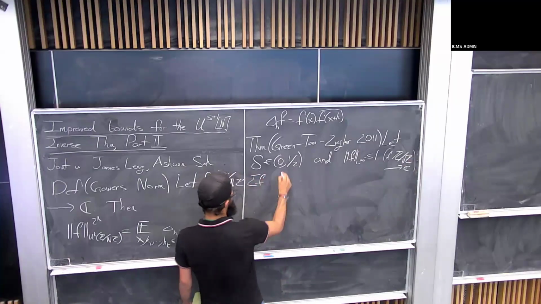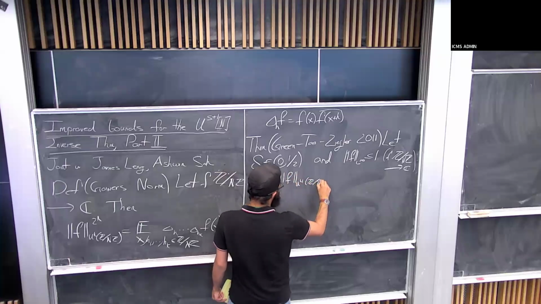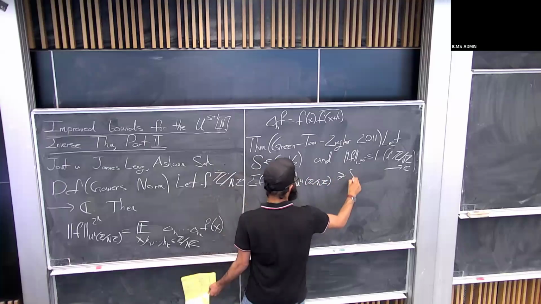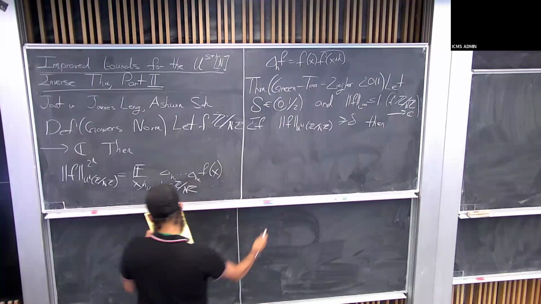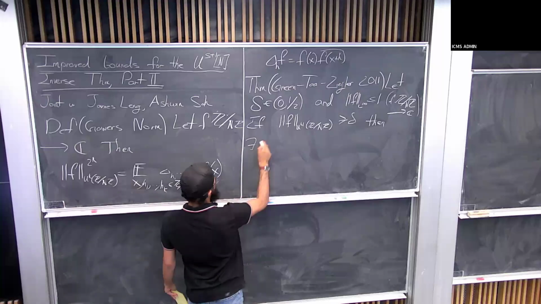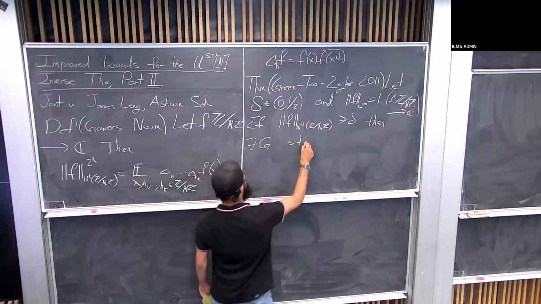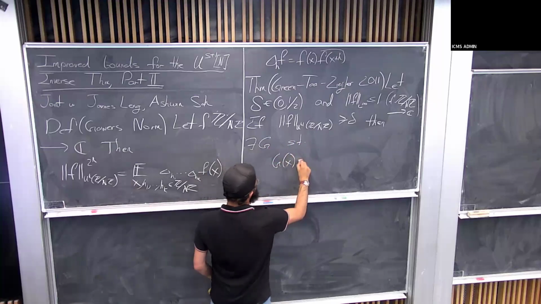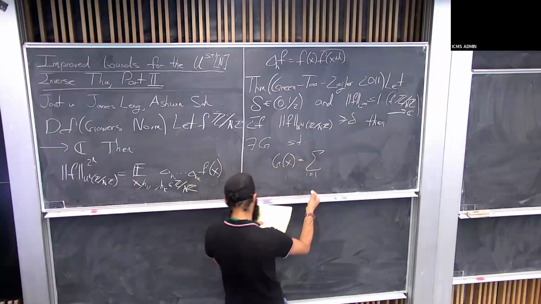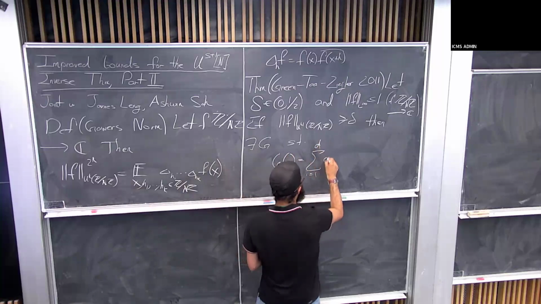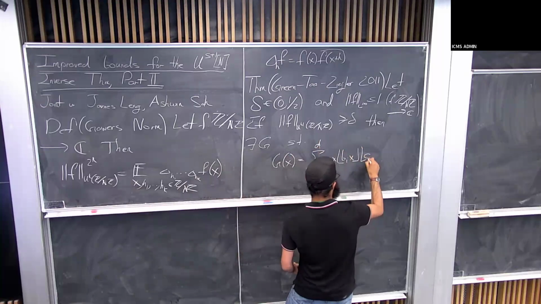So if the U4 norm of f is bigger than delta, then there exists G such that G of x is going to be this funny bracket cubic thing. I chose some letters that I'll try to maintain consistency with.